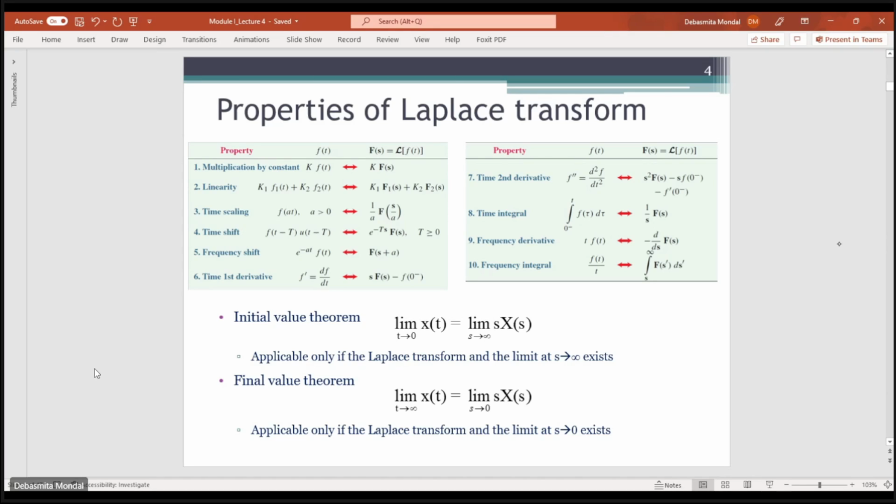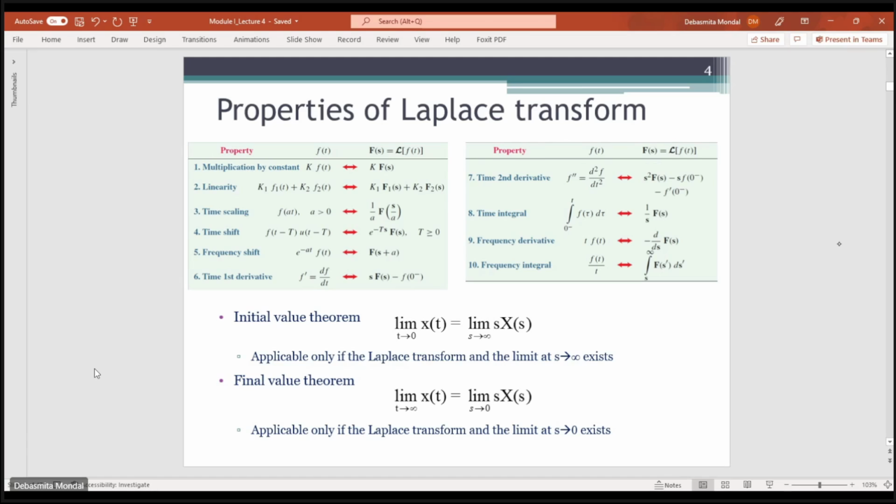Similarly, for the final value theorem, we are dealing with t approaching infinity. So the limit as t tends to infinity of x(t) will be equal to the limit as s tends to 0 of s into X(s). And similarly here also, this final value theorem will hold true only if the limit exists as s is tending to 0.